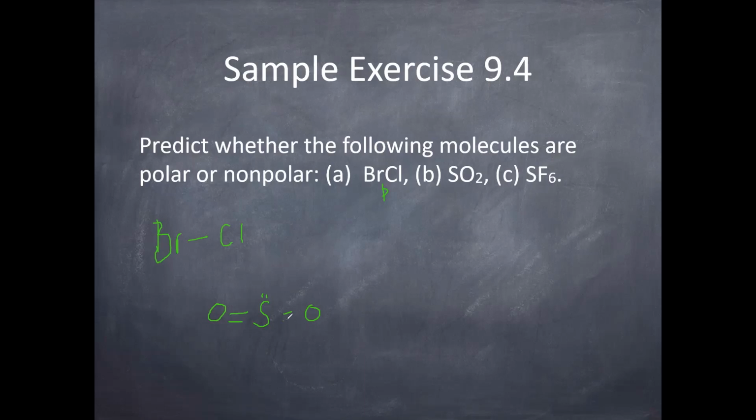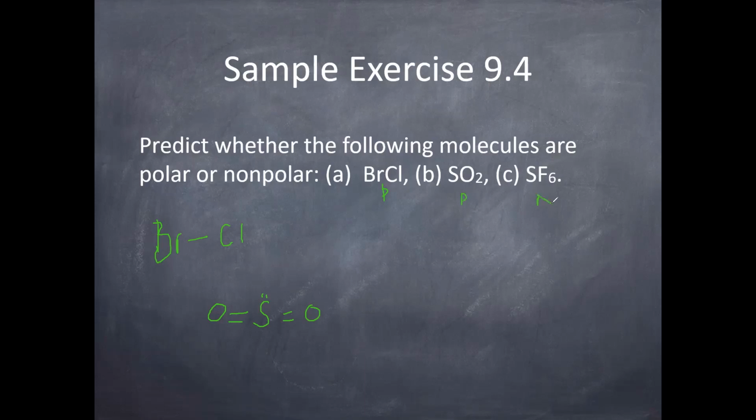Actually, we'll wind up with that, so we can minimize the formal charge. So we'll wind up with two double bonds. So similar to carbon dioxide, but in this case, we've also got a lone pair there. So that's going to push these bonds down. And since we've got that lone pair there, we're going to see that this is going to be polar.